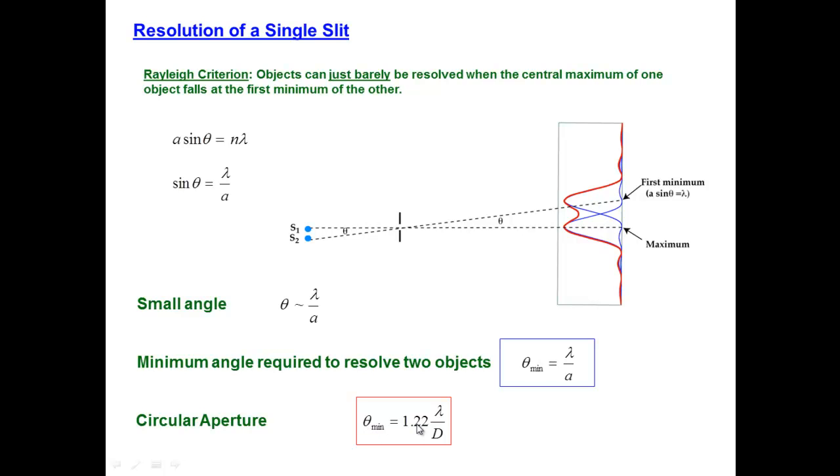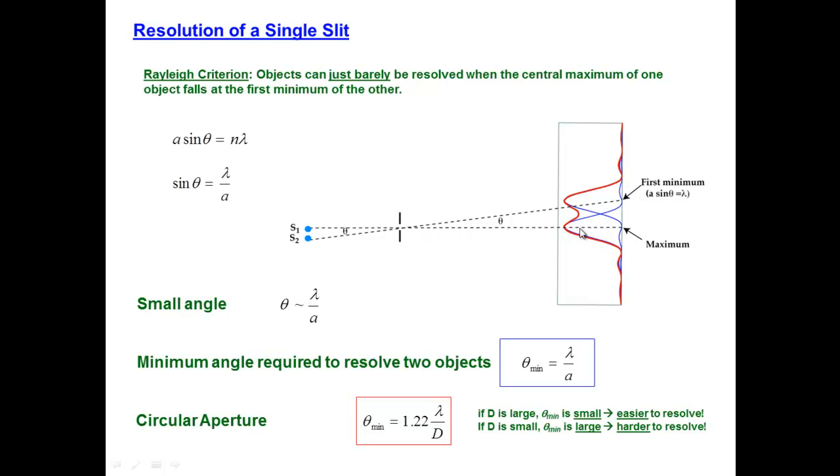for circular apertures. And what I'd like to do is just stress and ask you to think about what this theta minimum means. Usually what we're talking about is a situation where there are two sources and their position is fixed, so that depending on where you are, if you're very close to those sources, then you would see a larger angle of separation.